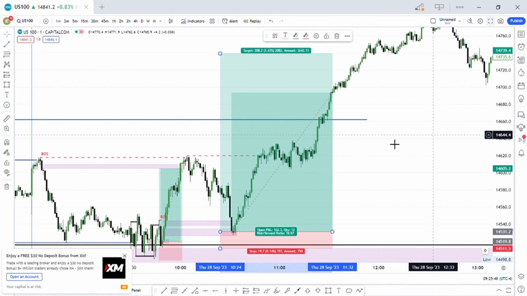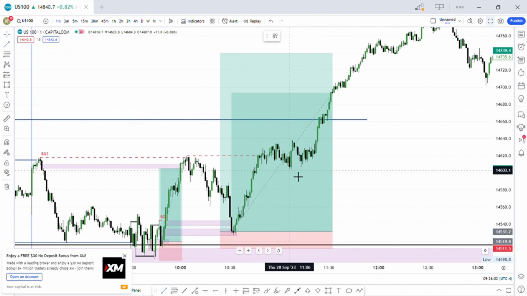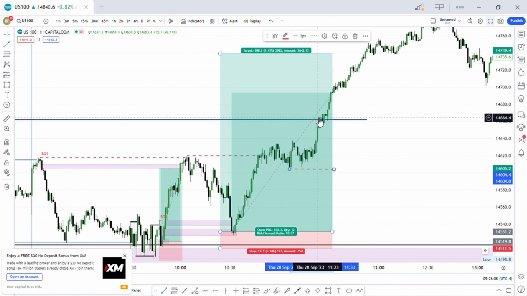That's where I'm going to put my take profit. So when the market comes here again, I take partials again and I move my stop loss from break even up to here. This is where I put my stop loss now, because the market broke this high.